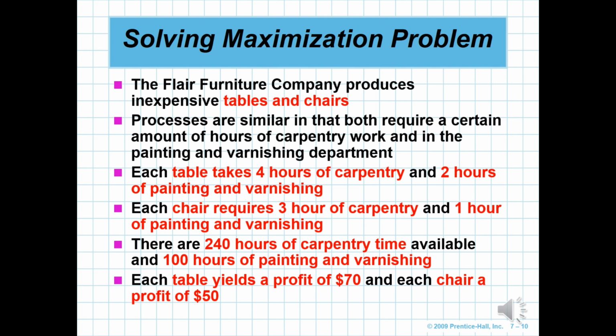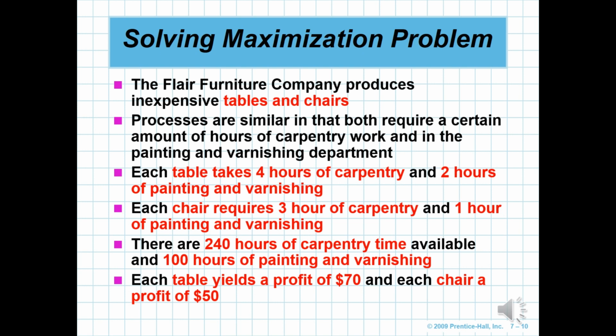The processes are similar in that both require a certain amount of hours of carpentry work and in the painting and varnishing department. So there are 2 activities involved in the making of tables and chairs. Each table takes 4 hours of carpentry and 2 of painting and varnishing, while each chair requires 3 hours of carpentry and 1 hour of painting and varnishing.